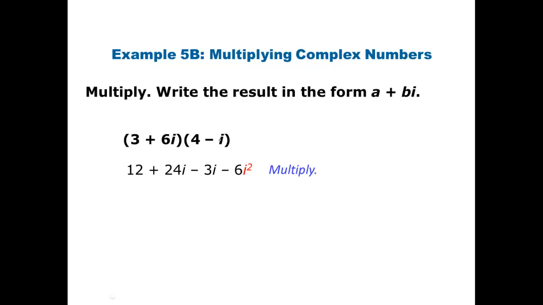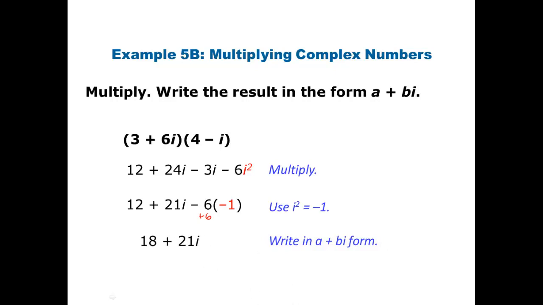Then the 3 times -i gave us -3i, and then we had 6i times -i, which gave us the -6i squared. Okay, remember that i squared is -1. So when we simplify, this is actually going to become plus 6. So we can add that to the 12, and there's our final answer.